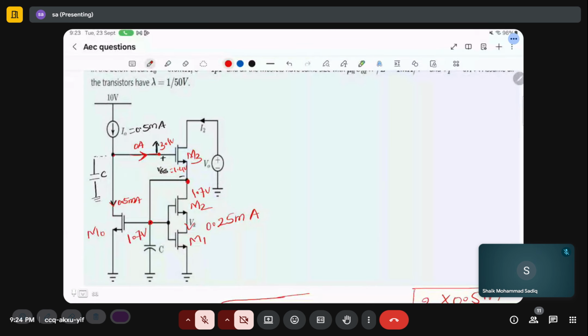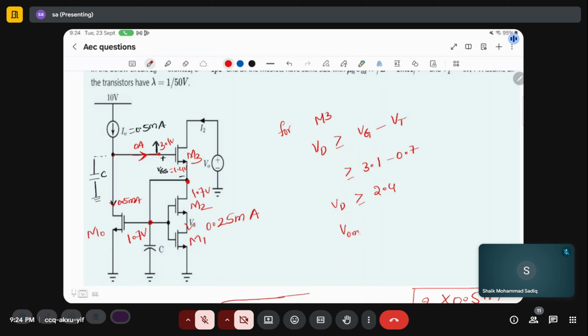What is the condition for saturation for M3? VD should be greater than or equal to VG minus VT. So it should be greater than or equal to 3.1 minus 0.7, which is nothing but 2.4 volts.